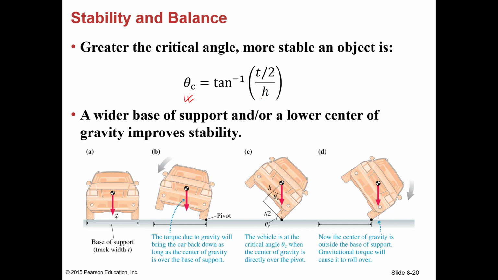Okay, one is by increasing the t, or the base of support, by making it wider, or by decreasing this h. So to increase theta, we need to either increase t, this numerator, or decrease h. Okay.